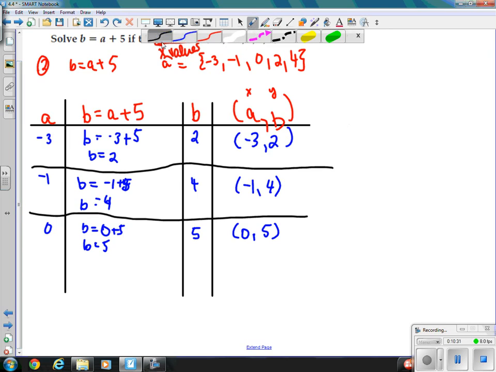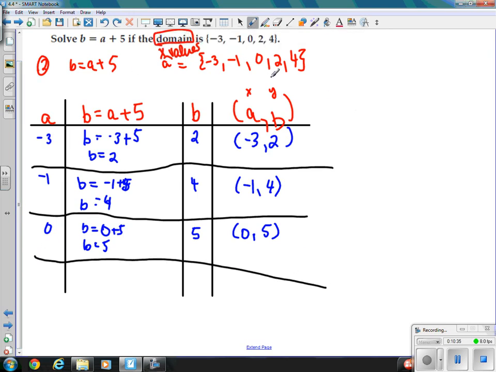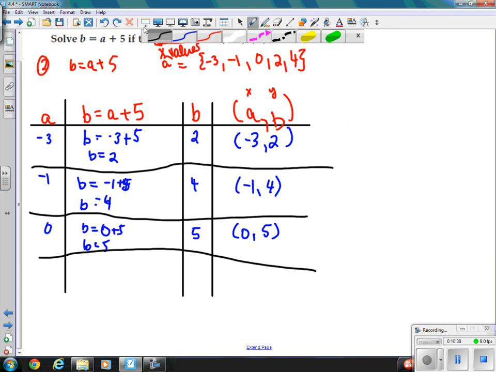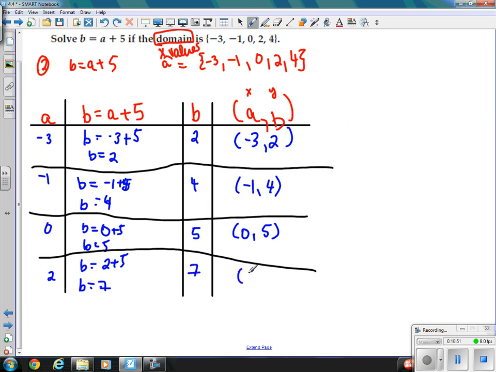Okay, our next domain is 2. Ooh, that was a little crooked. Let's try that again. So 2, so b equals 2 plus 5, and 2 plus 5 is 7. So b equals 7, our b value is 7, and our ordered pair is 2, 7.